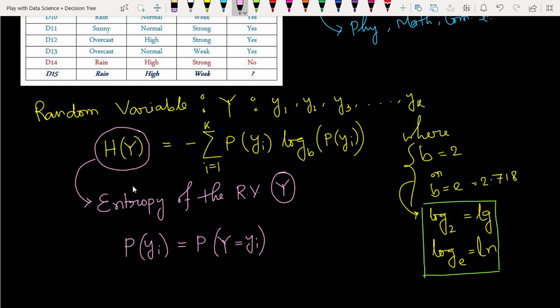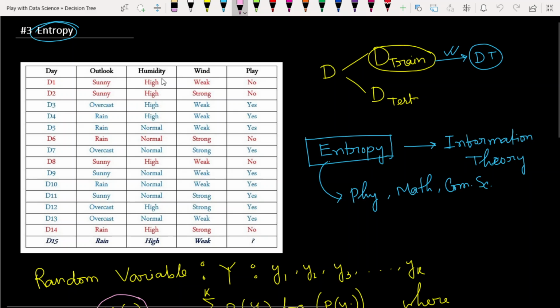Now let's see its actual geometrical meaning through this example. If we call this variable play a random variable y, then this play random variable will take two values.